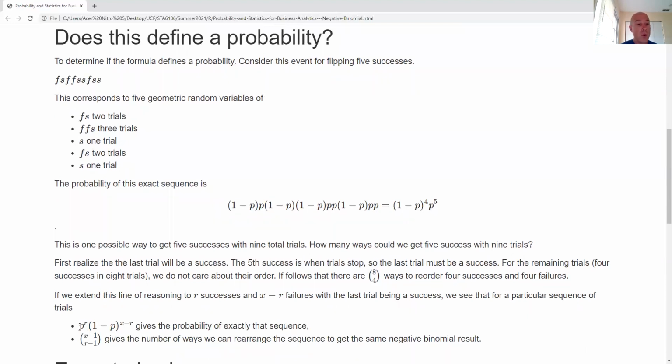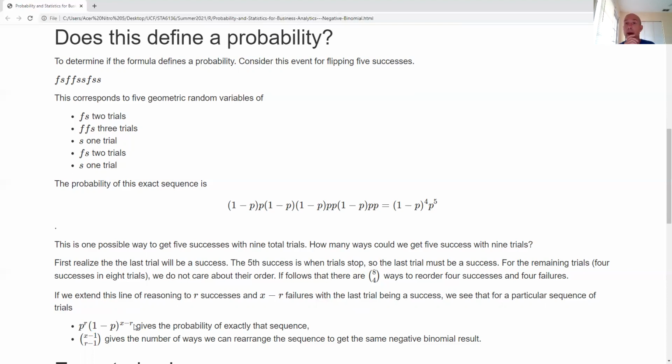Using the same line of reasoning, we have p to the power of r, and we have 1 minus p to the power of x minus r. This part addresses the probability of the r individual successes. This part addresses the probability of the failures, x minus r of them.